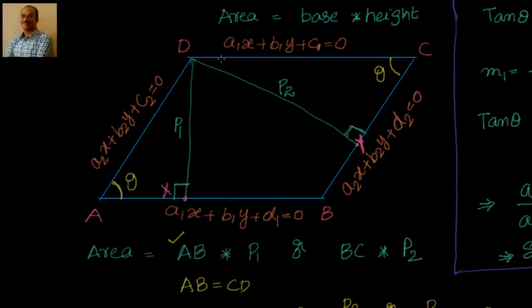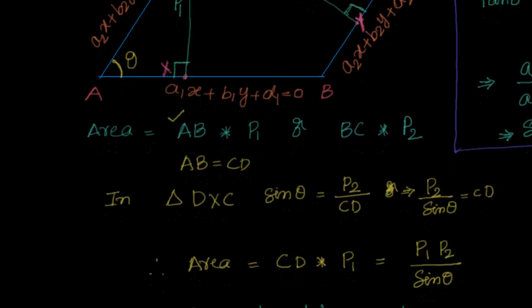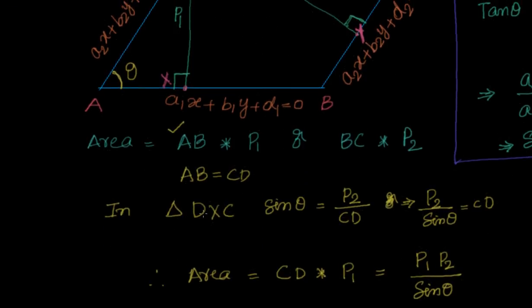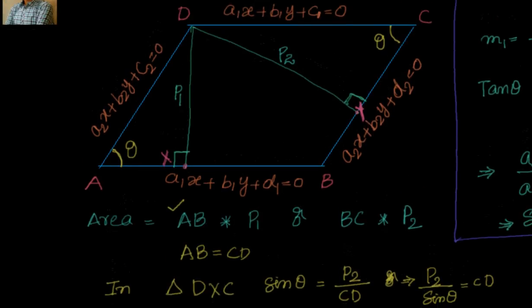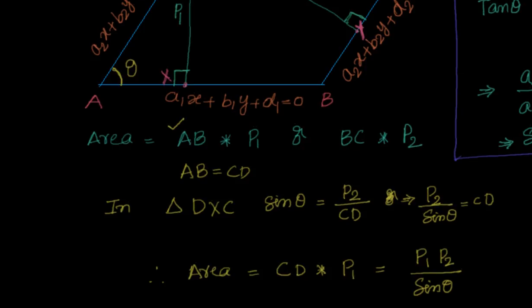Let one of the angles of the parallelogram be theta, and use theta, P1 and P2 to convert the base, either AB or AD or DC or BC, into P1 P2. Area equals AB into P1, and we can take AB equal to CD. From the triangle DXC, sin theta equals P2 by CD. So CD equals P2 by sin theta, and area equals P1 P2 by sin theta.